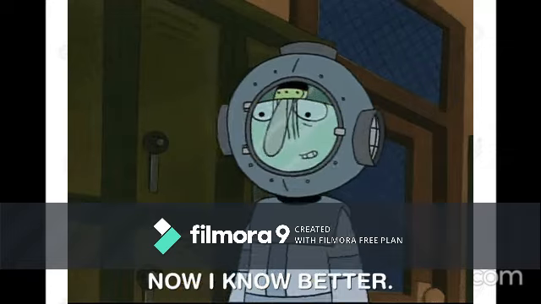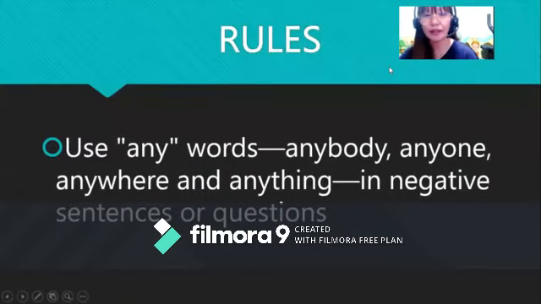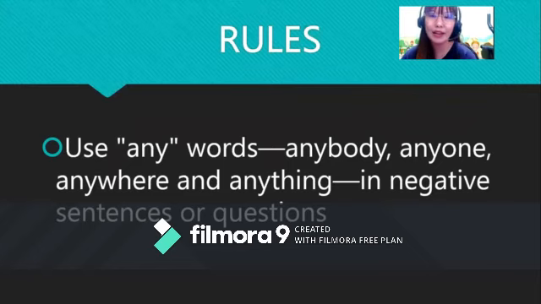Okay? On the other hand, you're going to use any words like anybody, anyone, anywhere, and anything in negative sentences or questions. For example, do you know anything about that boy? Or we could say that she doesn't have anywhere to go.